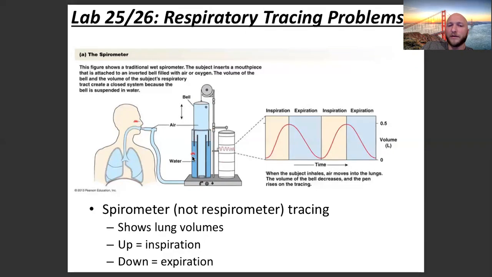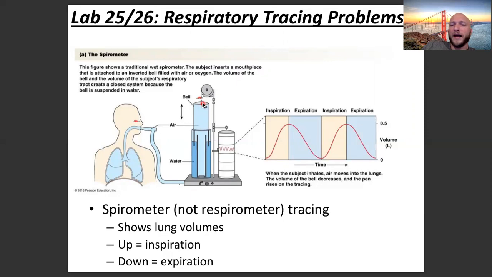So we have a large outer chamber filled with water, and then we have this bell that's like an upside down cylinder, or a cylinder that's open on the bottom and closed on the top. And air is going to move from this tube up into the bell and then back. As the person exhales, air is pushed underneath the bell and the bell rises. As the person inhales, air leaves the bell, goes back into the person, and the bell drops.